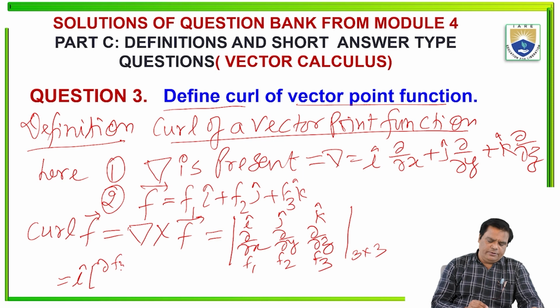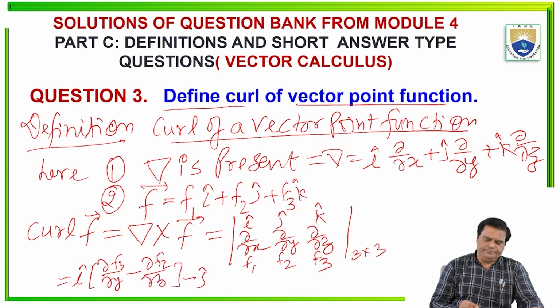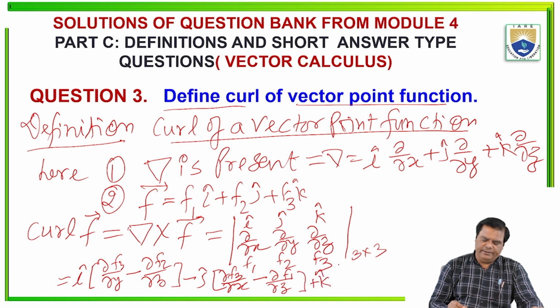∂f3/∂y minus ∂f2/∂z, and minus j cap in the bracket, ∂f3/∂x minus ∂f1/∂z, and plus k, and this equals ∂f2/∂x minus ∂f1/∂y.